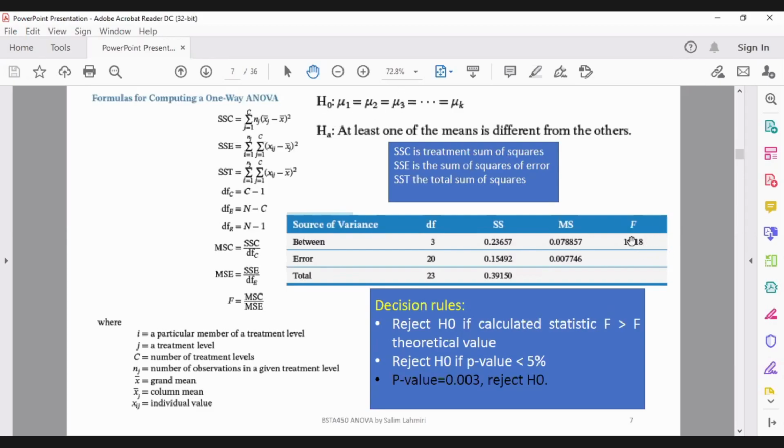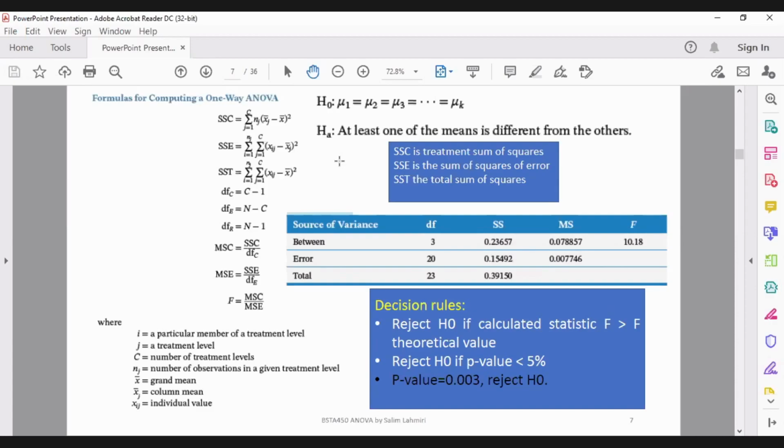If the p-value of F is larger than 5%, then accept the null hypothesis H0. If the p-value is less than 5%, then reject H0 and accept the alternative one, meaning at least one of the averages is different from the others.